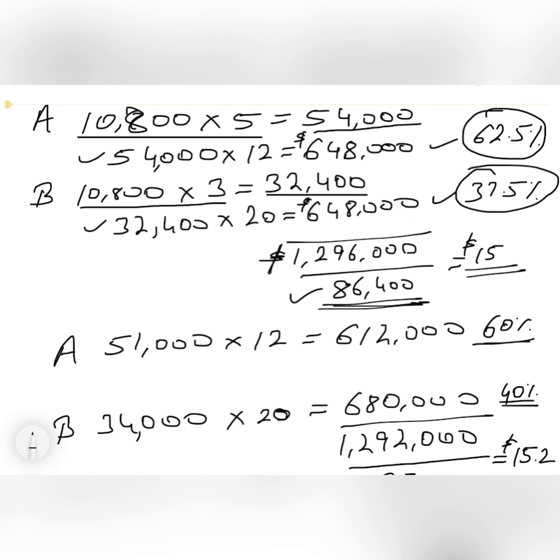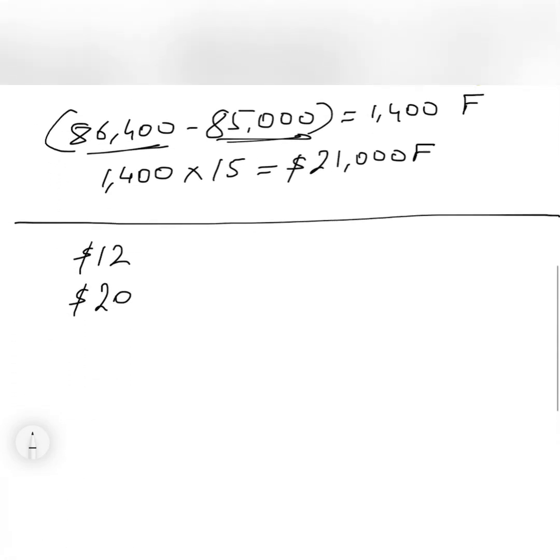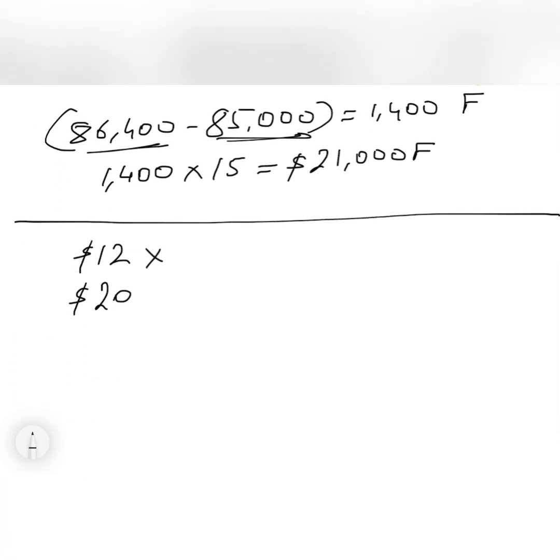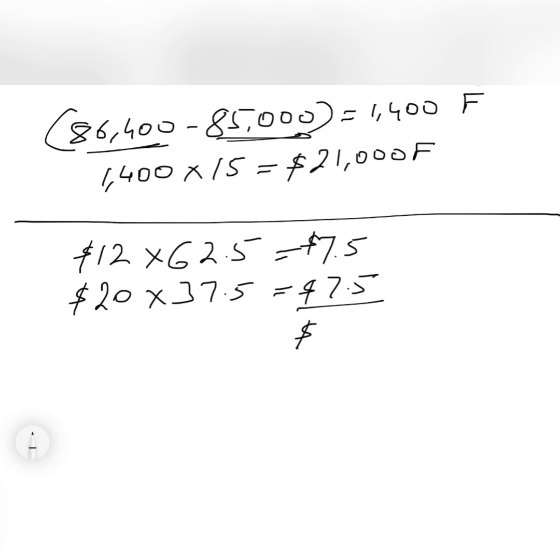If you apply those percentages to the rates, 62.5% times $12 yields $7.5, and 37.5% times $20 yields $7.5 as well. And that's your average rate of $15.